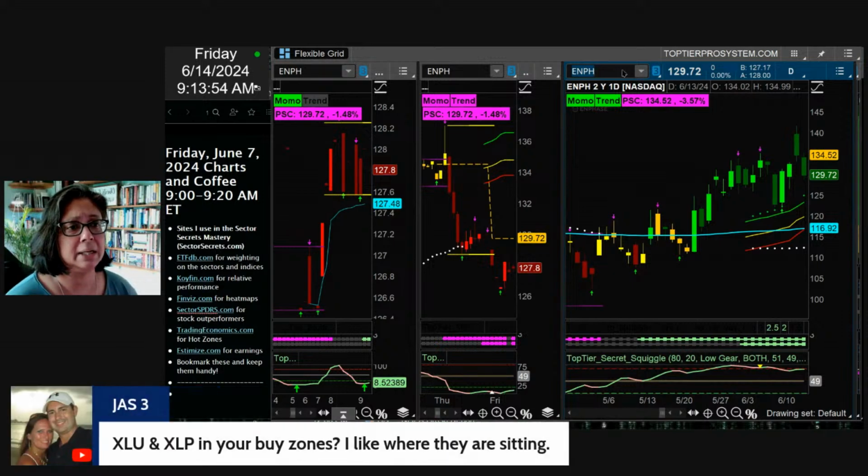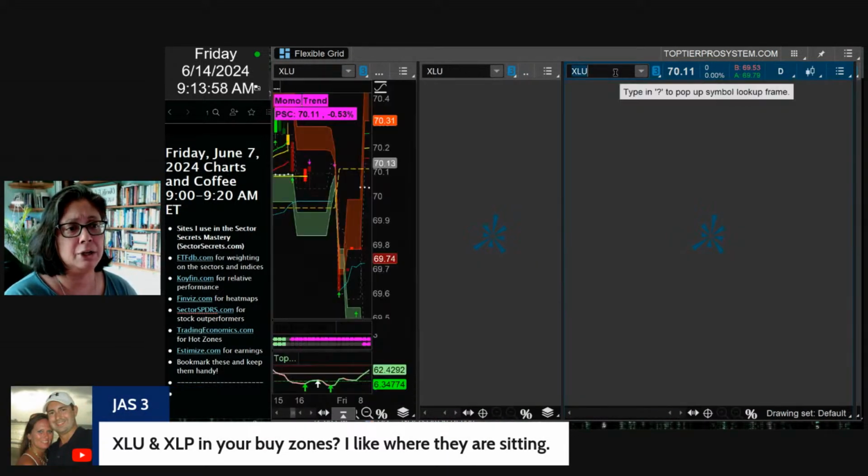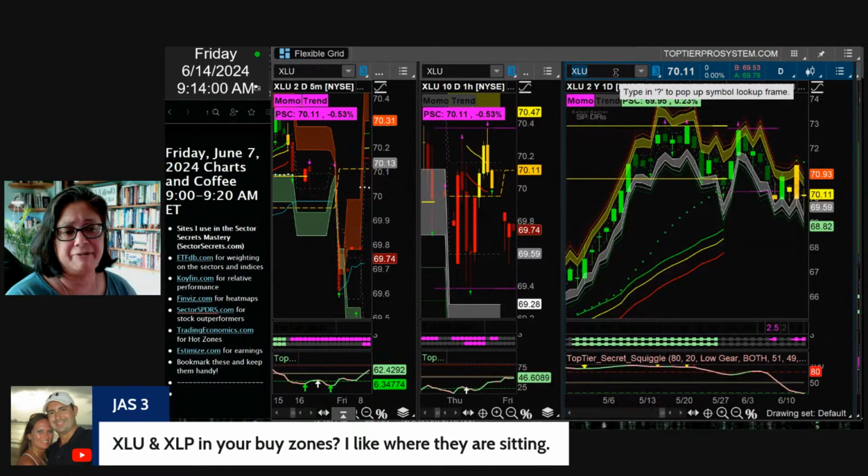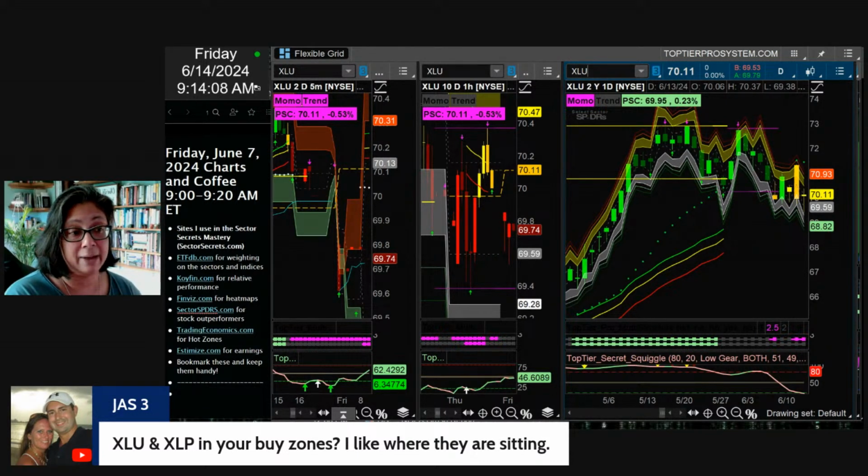All right, next up, XLU and XLP. Jazz, I'm looking at XLU and XLP purely as defensive plays. And the more strength that we see in tech, which is a big reason why the S&P and the NASDAQ are up so strongly, the less interest there'll be in defensives.